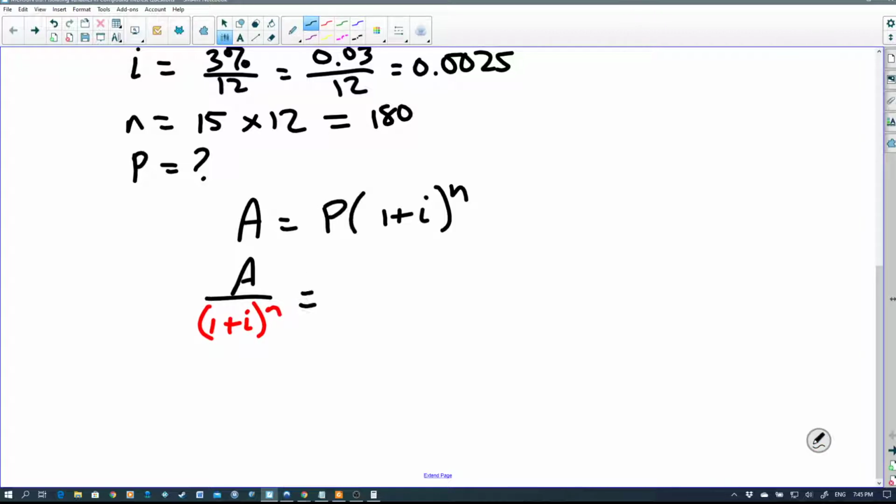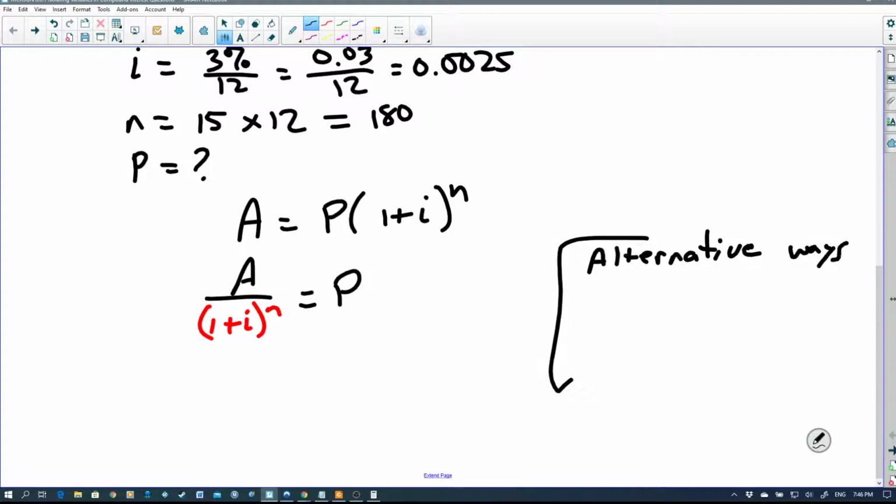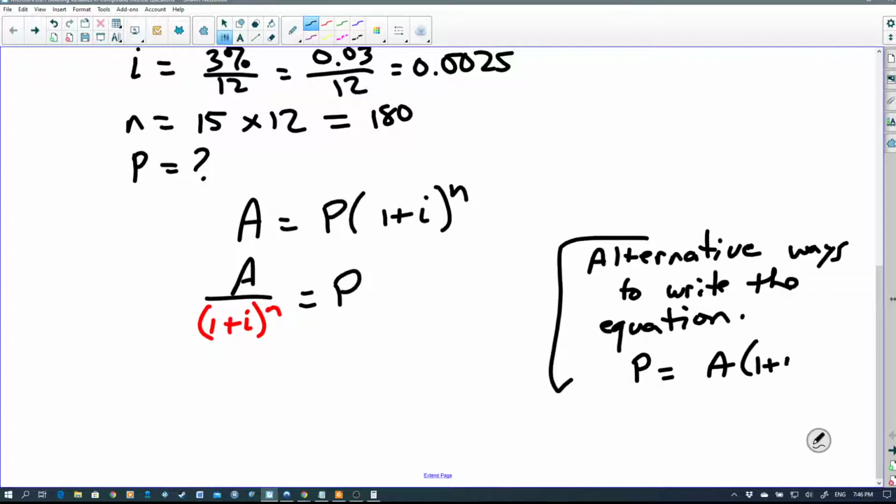Now again, to get you ready for certain things that other textbooks will do, because this used to be hard to typeset, one of the alternatives to writing the equation, which I don't like a lot, but I'm going to show you anyway, is like this. P is equal to A times (1 plus i) to the negative n.